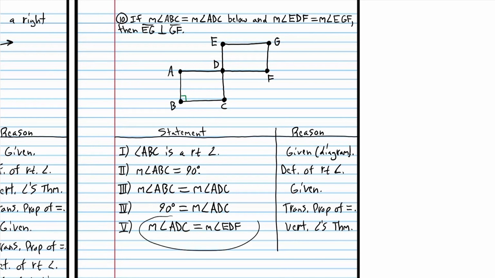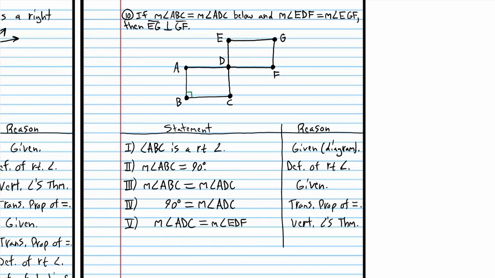I'm just skipping right down to the measures are equal because I don't want this to get too tedious. So ADC is equal to EDF. And of course, we have two things that are both equal to ADC. So that proves that the measure of angle EDF is equal to 90 degrees. Transitive property of equality.